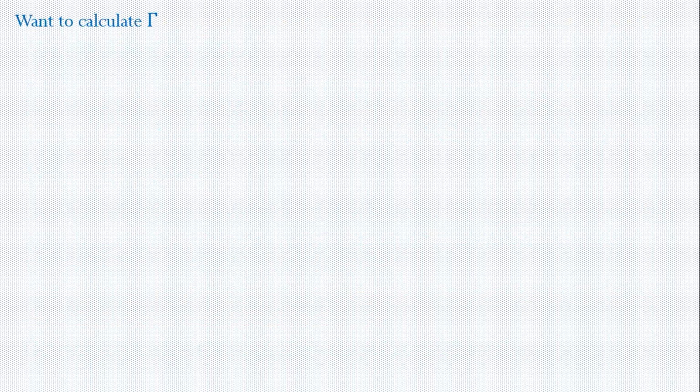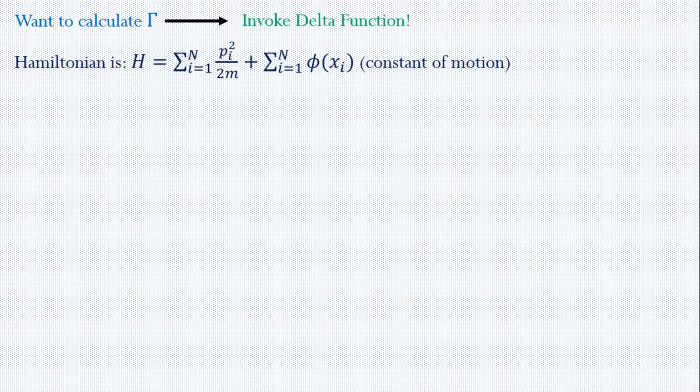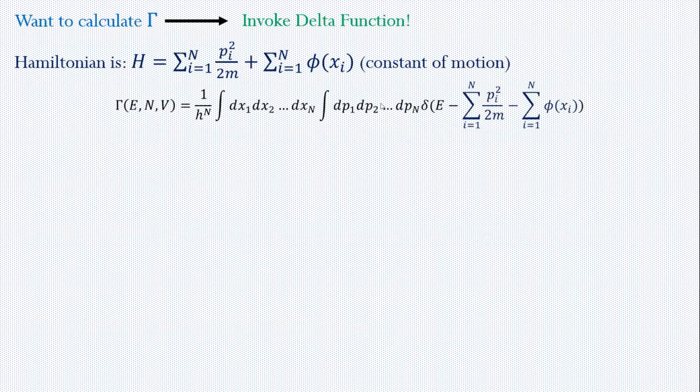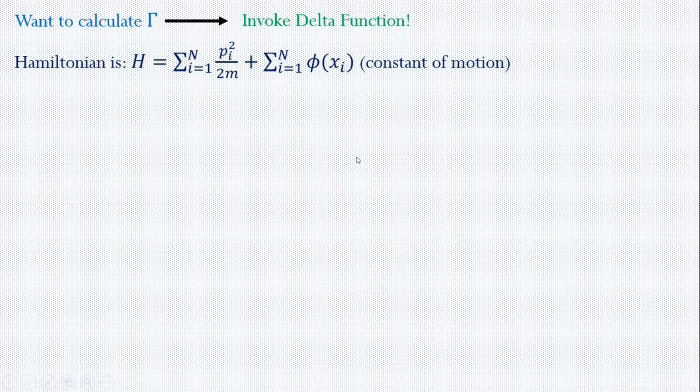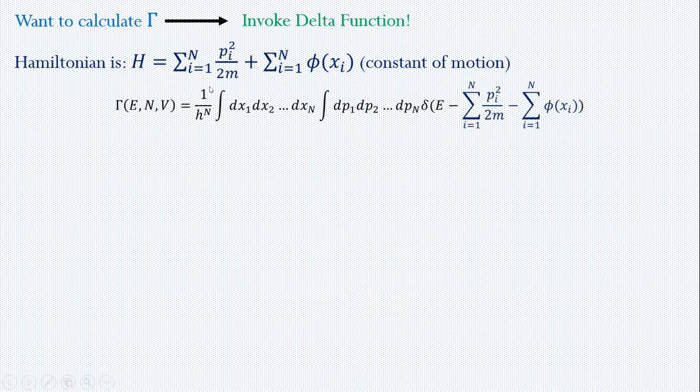Now we want to calculate gamma, and the intelligent procedure comes from invoking the delta function. So this is the Hamiltonian, kinetic plus potential energy, which is a constant of motion. Now gamma is this, and this is just a factor to keep the dimensions correct, the phase space degeneracy factor.